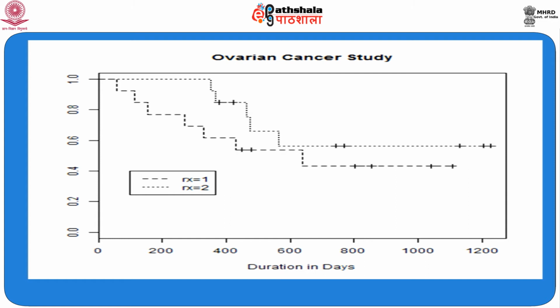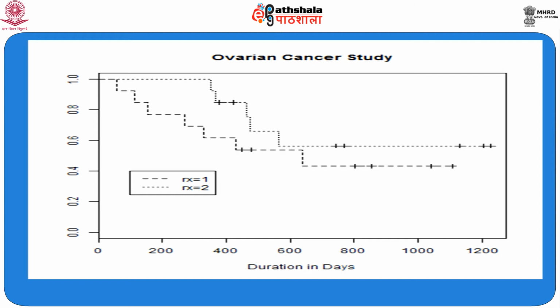However, the curve started from 1 for both arms, but at the end of the study one curve, that is for Rx1, ended with a probability of nearly 0.4 and the other curve, that is for Rx2, ended with a probability of survival of nearly 0.5.